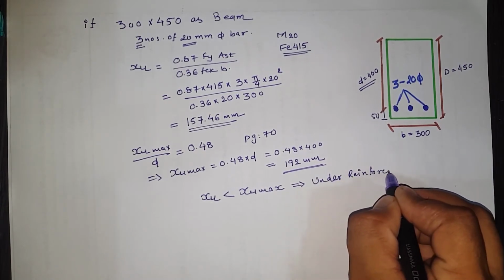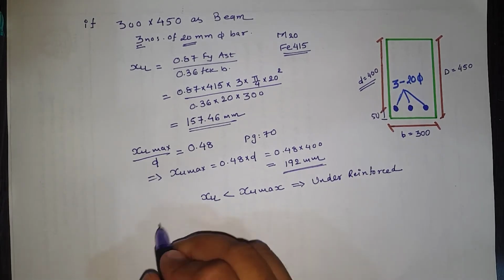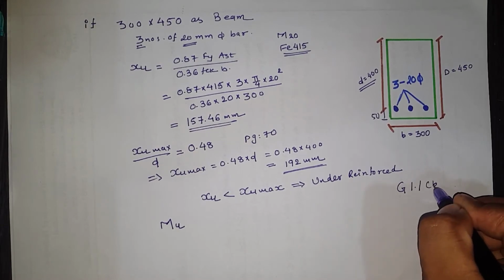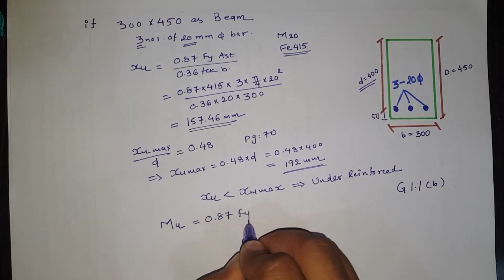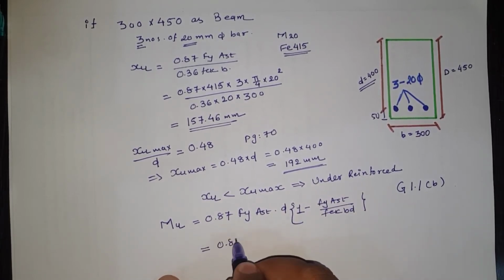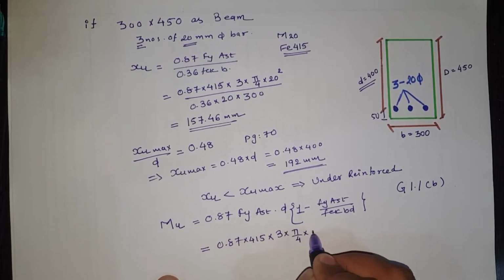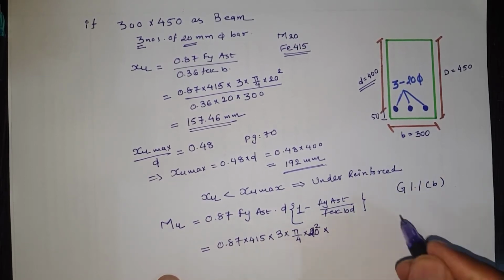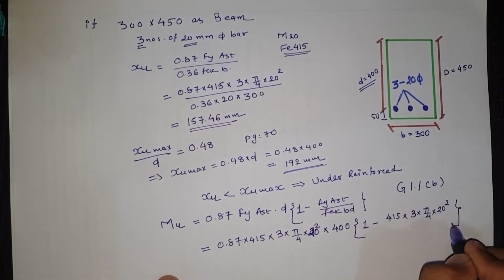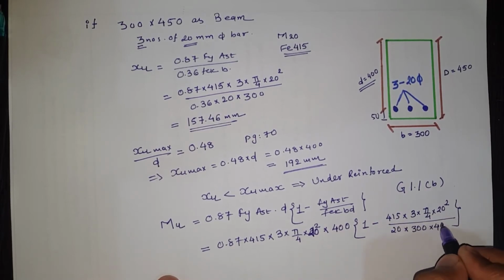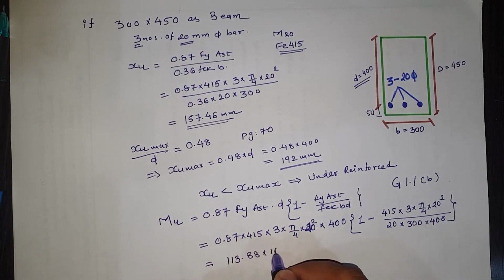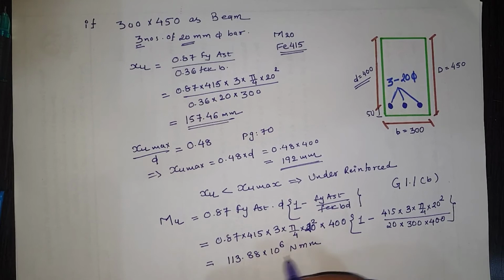So we have to calculate the moment of resistance using equation Annex G 1.1 b, which gives 113.88 into 10 raised to 6 Newton mm.